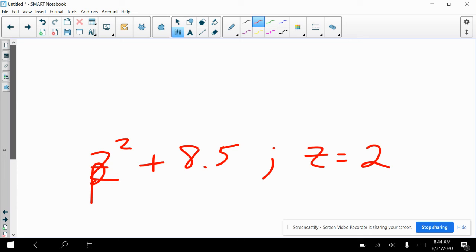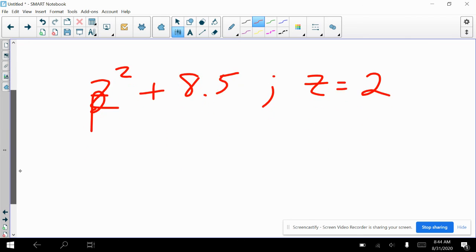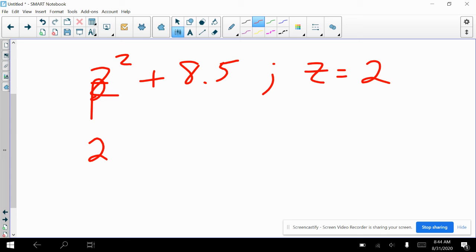Whoa, what happened there? I don't know. So now we get 2 squared. Now, what does 2 squared look like? Is that multiplication, add? What do we do to those? Ryan, do you know? That's exactly what it is.